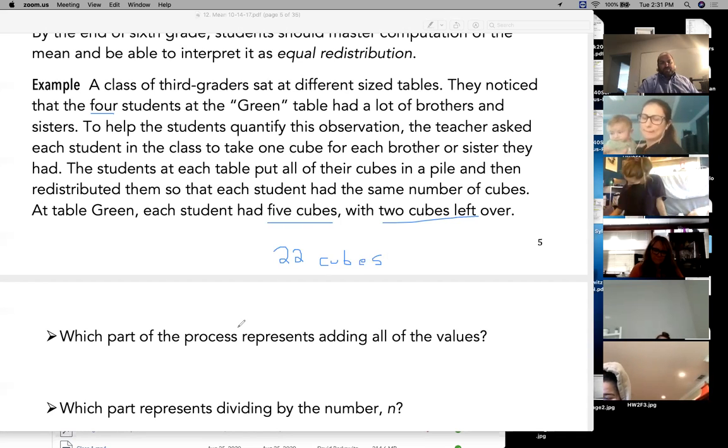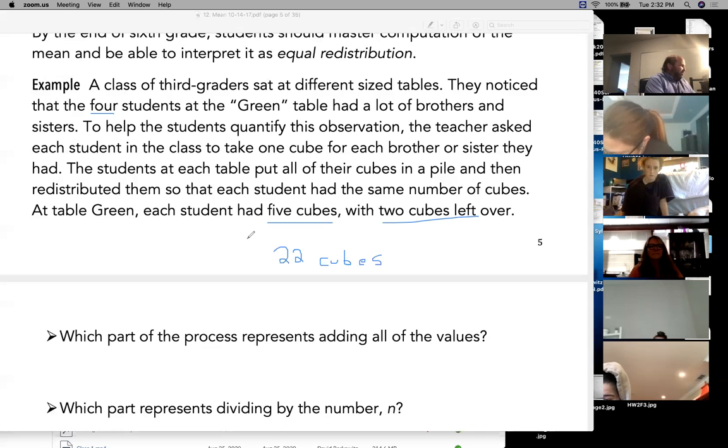So first, which part of this process represents adding all the values? Remember what we did here. We put all the cubes in the table, and then we redistributed them so that each student had the same number of cubes.